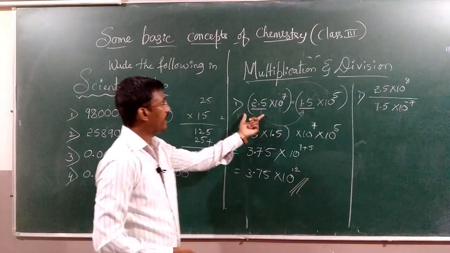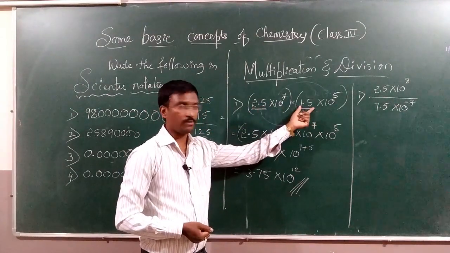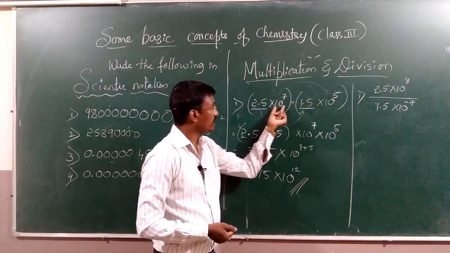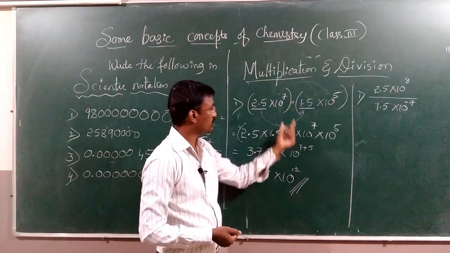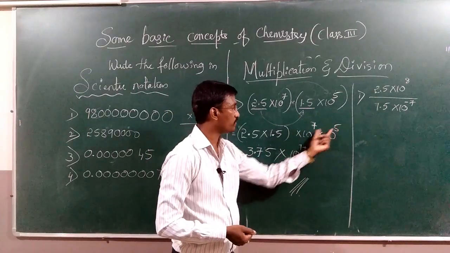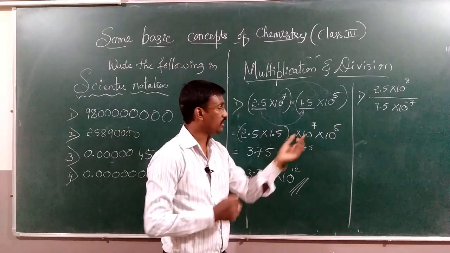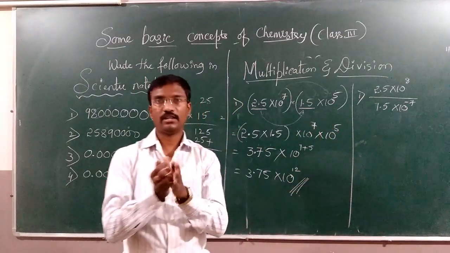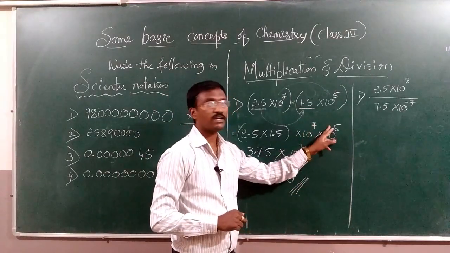So while multiplying any numbers, first multiply the numbers given, and keep the 10 raised to anything, it may be plus or minus. Keep 10 raised to 7 into 10 raised to 5. The bases are the same, so you can add the powers. If both are plus, you just add. If one is plus and one is minus, you subtract and keep the sign of the greater one.